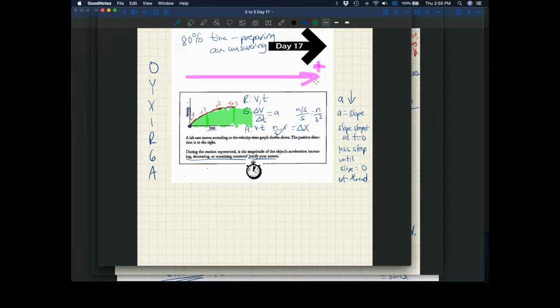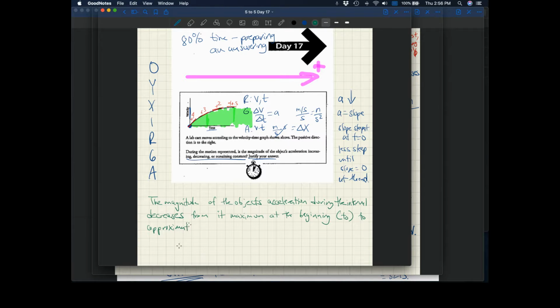And so we'll say, the magnitude of the object's acceleration during the interval decreases from its maximum at the beginning, times 0, to approximately 0 at the end.